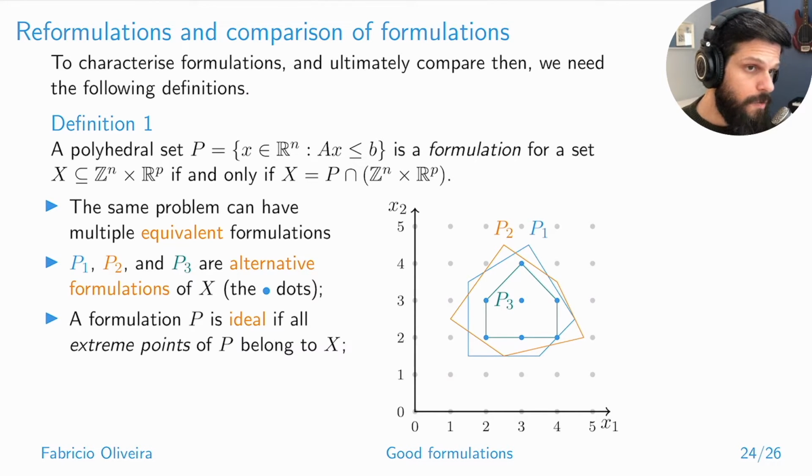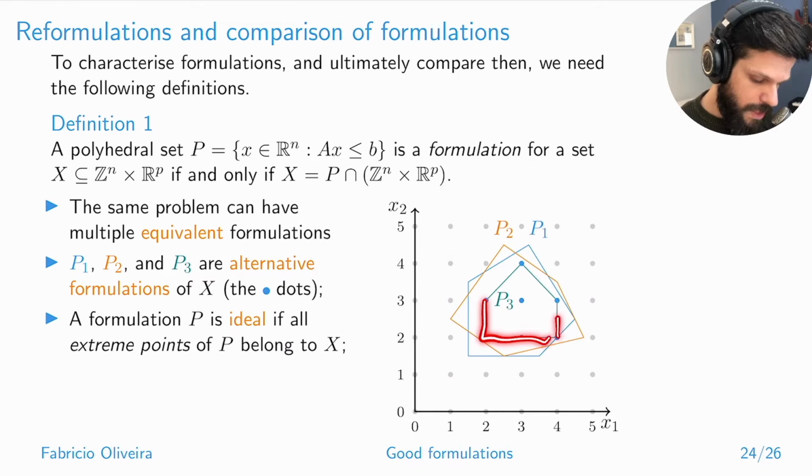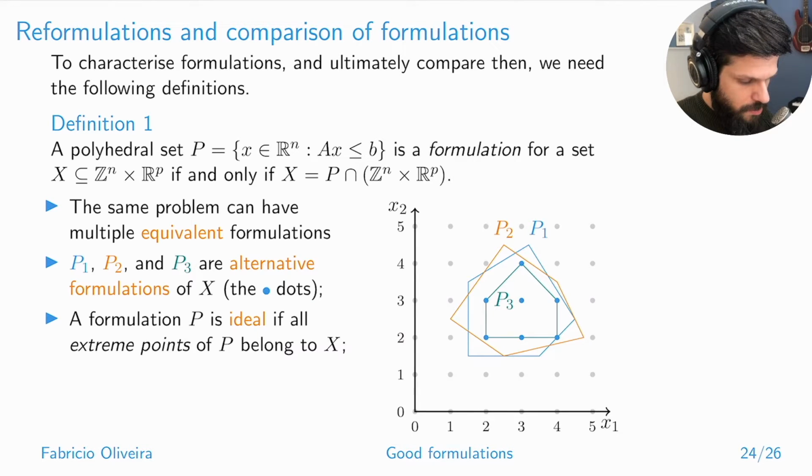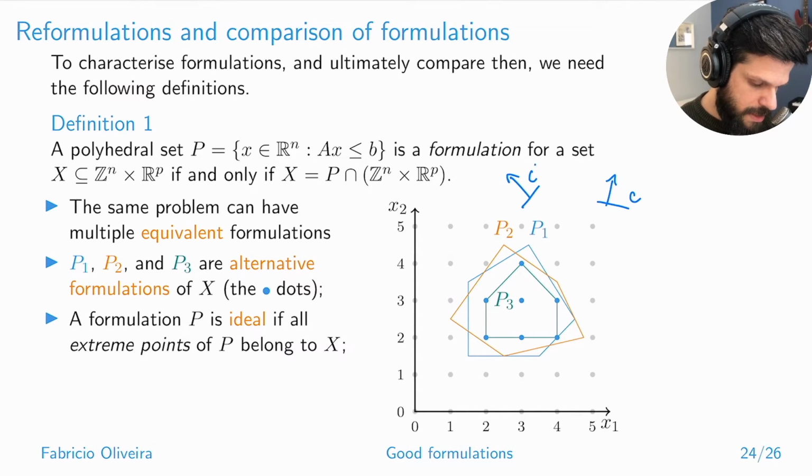And when your formulation is a convex hull, there's something quite amazing that happens. If I solve this problem as an LP, so if I solve the LP with formulation P3, and find an optimal solution for any vector C, it could be a vector C that looks like this, or it could be a vector C that looks like that.